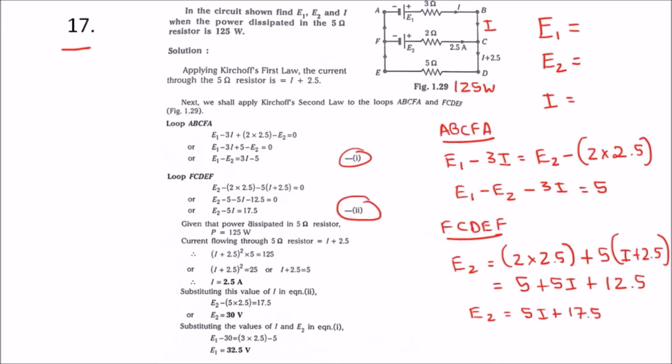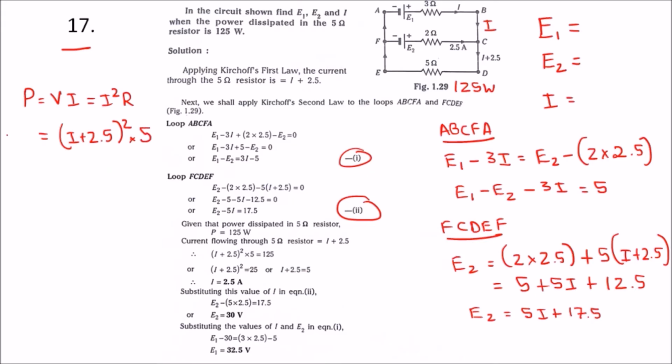Further, they have given that the power across the 5 ohm resistance is 125. We know the power formula VI, which we can simplify to I squared R. Here the current is (I plus 2.5) and R is 5.